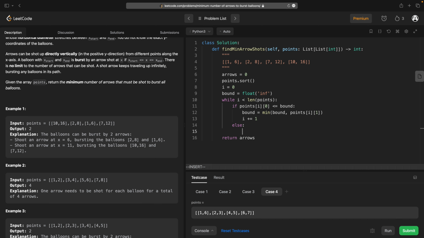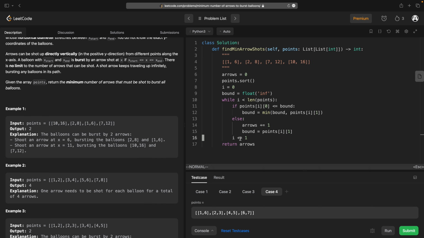So what we want to do is say arrows plus equals 1. I can now have shot that arrow to remove those two. Bound is equal to points I 1. Just immediately set it to be that. And then actually, oops. There.